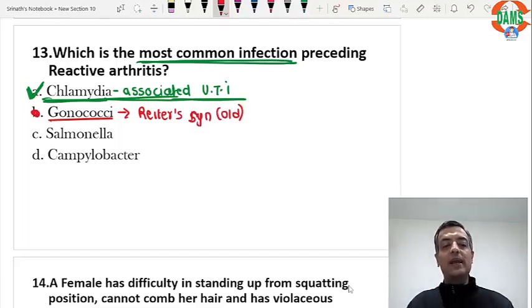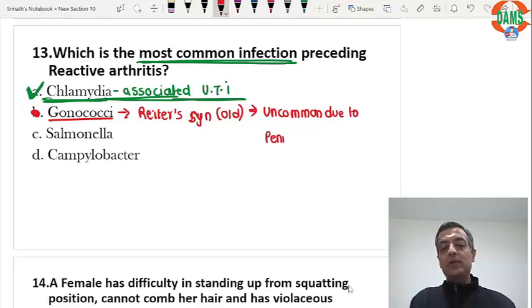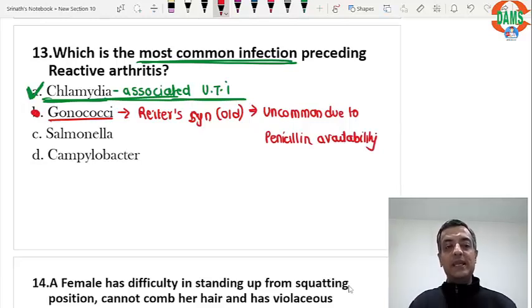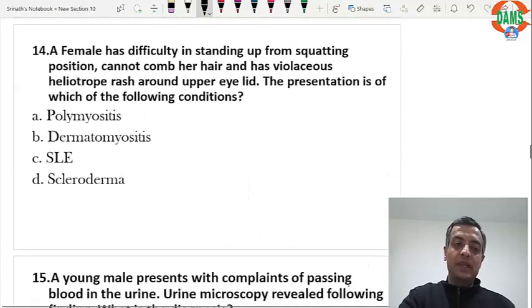But gonococcal infection has become uncommon due to the availability of antibiotic therapy like penicillin, and presently the most common infection preceding reactive arthritis is chlamydia associated urinary tract infection.